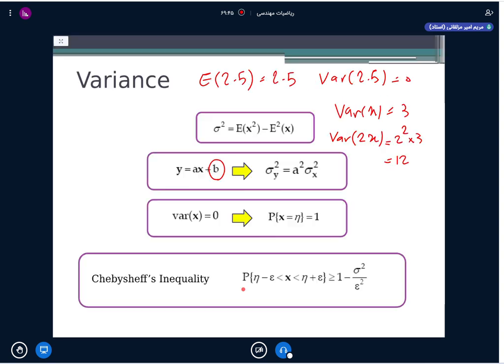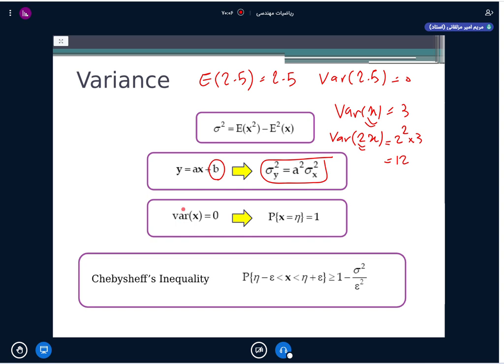Okay, and here we have some properties of variance. This is an important property. If we multiply a random variable with a constant, then the variance is equal to this. Okay, here we have another property.